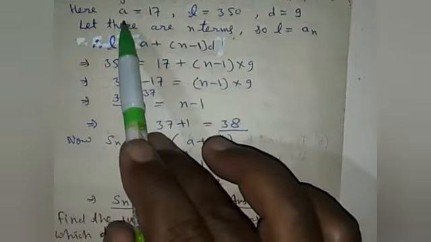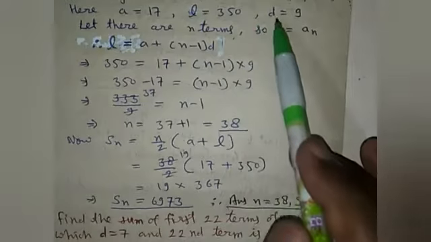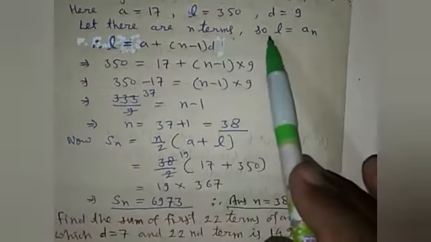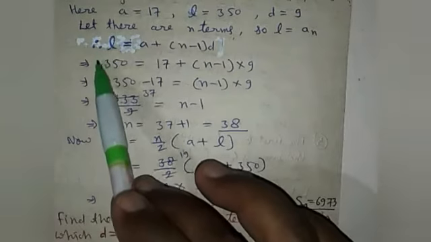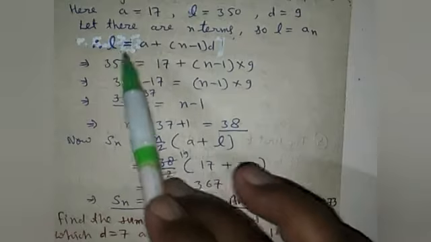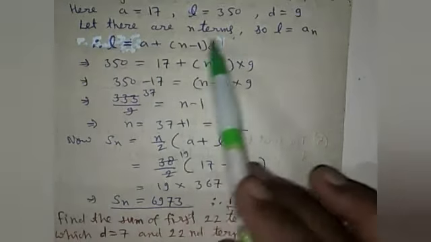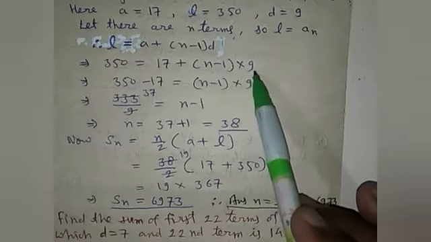Here a is equal to 17, l means last term is equal to 350 and common difference d is equal to 9. Let there are n terms, so l is equal to an. Now using the formula of an, l is equal to an means that is equal to a plus n minus 1 into d. Substituting the values, we get 350 equal to 17 plus n minus 1 into 9.